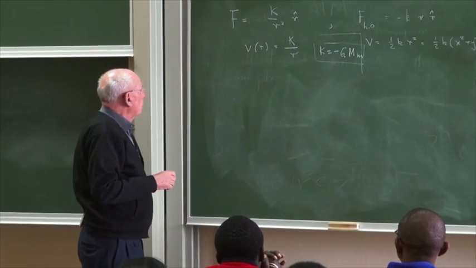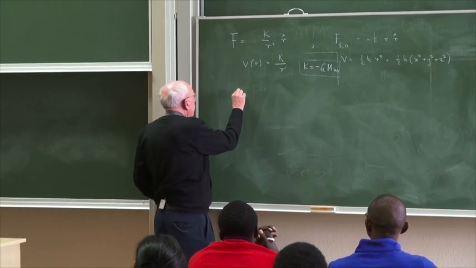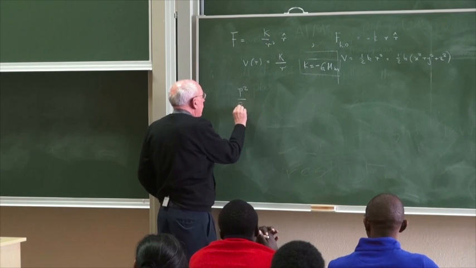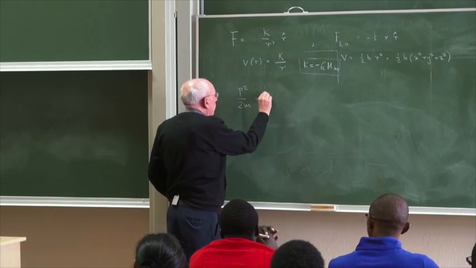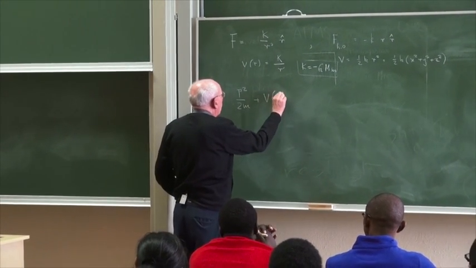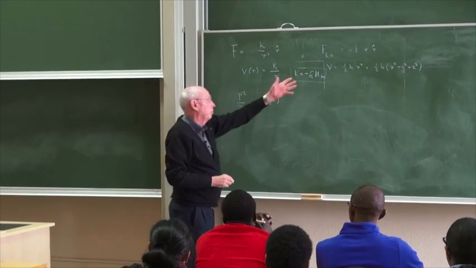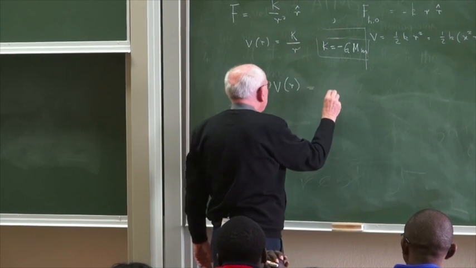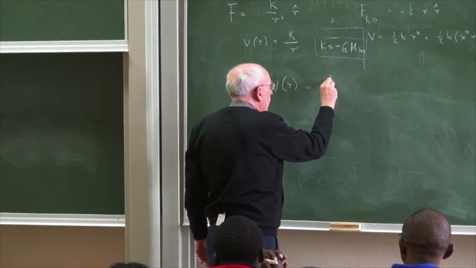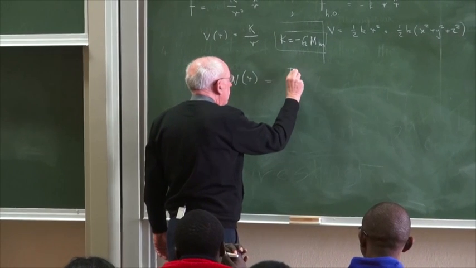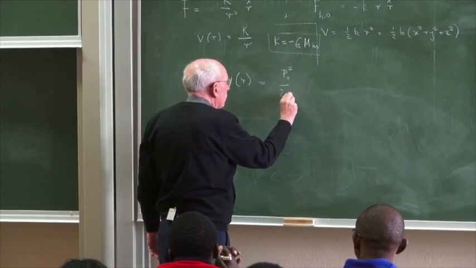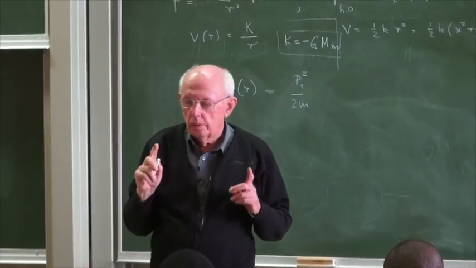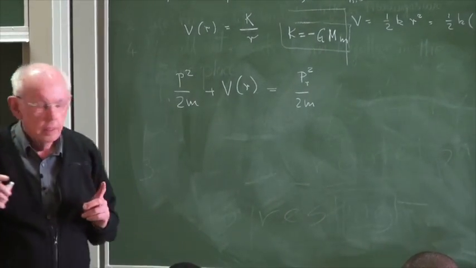So what did we do? We said, well, let's look at p squared over 2m plus V of r for this force, and then we could write this as p_r squared over 2m. Now, do you know what p_r is? Somebody asked me, what is p_r?